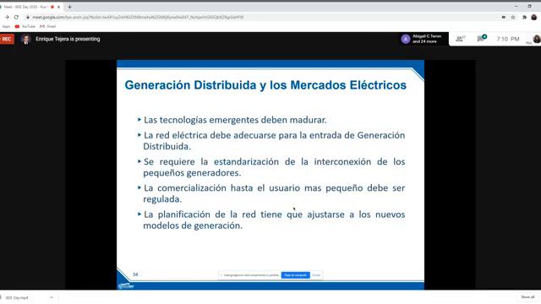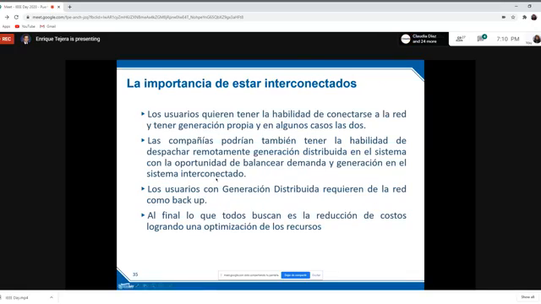Las conexiones deben ser estandarizadas de manera que podamos hacerlo de una manera segura. Hay que tener la habilidad de conectarse y, en algunos casos, tener su propia generación. Todo esto también son elementos que pueden afectar el sistema eléctrico.